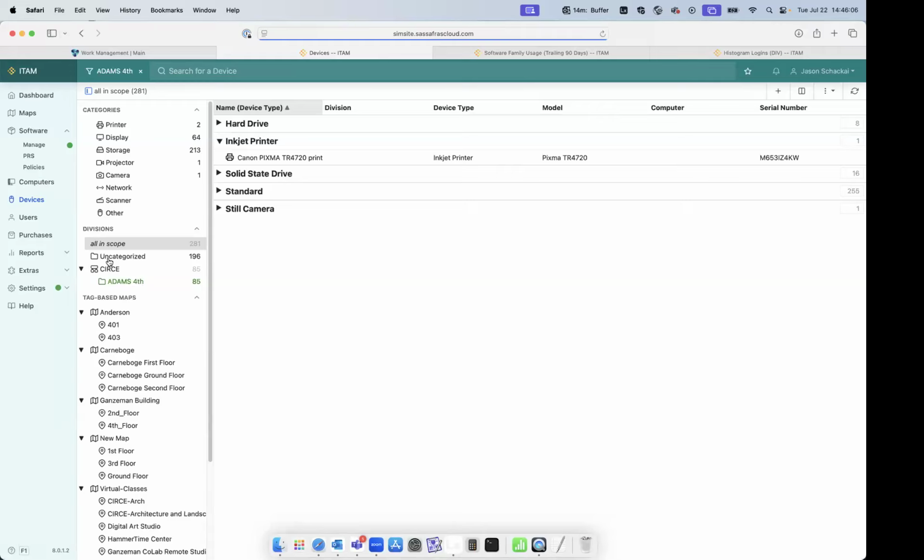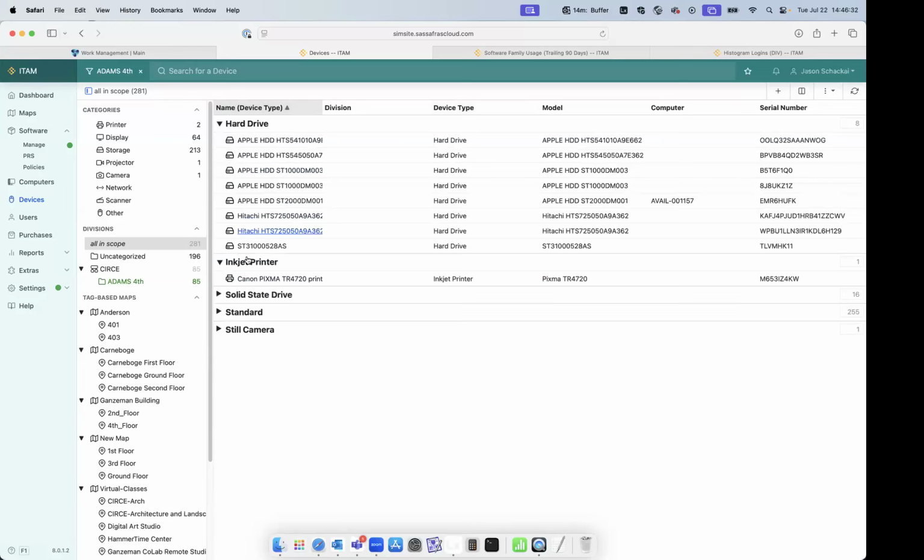So your iPhones and iPads and Android devices coming in from Intune or Jamf, anything like that goes on the computers page because they've got an operating system, they've got RAM, they've got a processor, and the computers table has all those fields. Whereas on devices, that's where we see things like printers, monitors, cameras, or other kinds of networking devices. And we've got subtypes you can organize by.